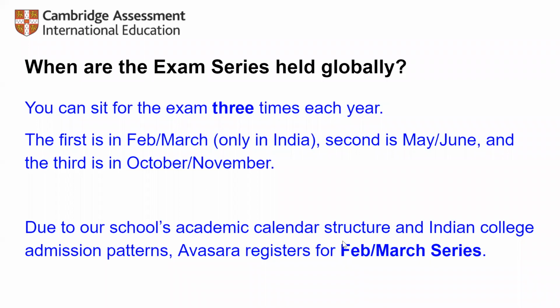So by May, they get their results and start their admission process. If they sit for the May, June exam, they will miss a year, because May, June exam results come in August. And in August, almost all Indian colleges start their bachelor's program. Already 3 months will be over. So we choose to do the Feb-March series.